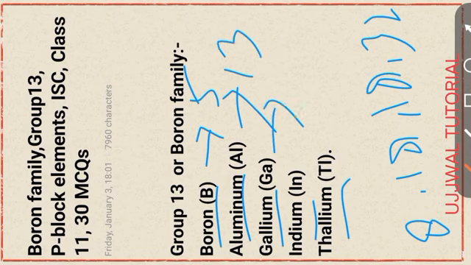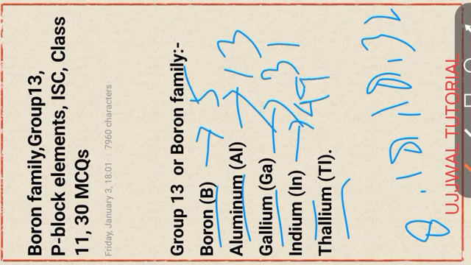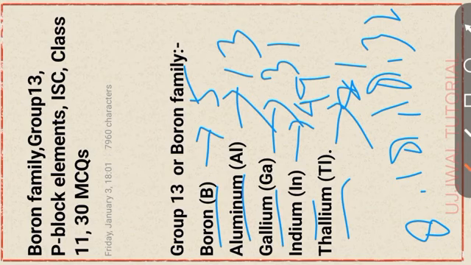Adding 18, the atomic number of gallium is 31. Adding 18, the atomic number of indium is 49. Adding 32, the atomic number of thallium is 81. Now we discuss the very important 30 MCQ questions.